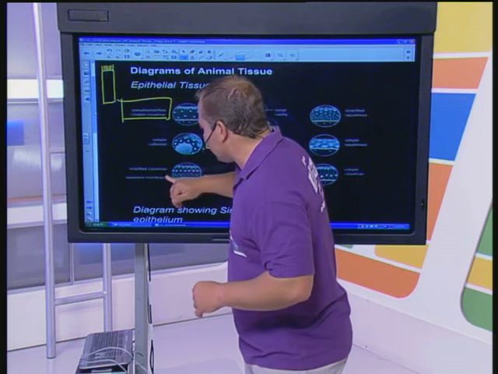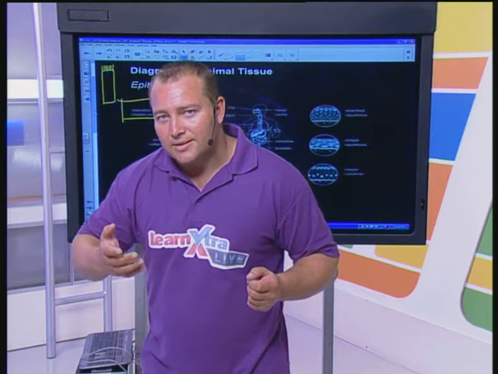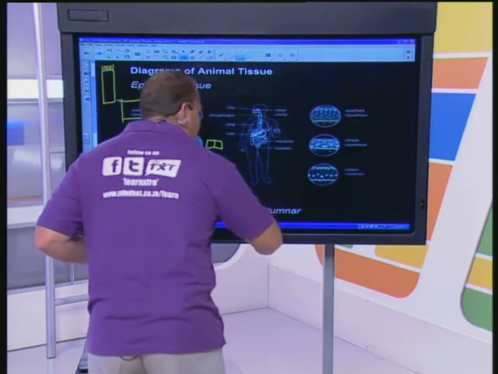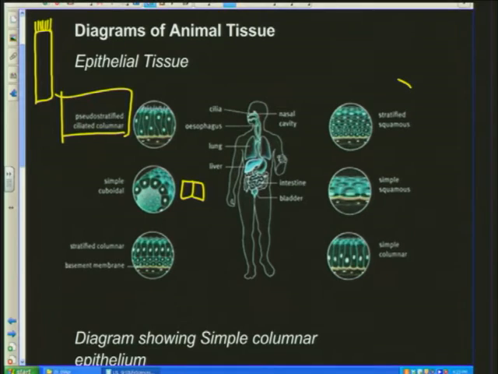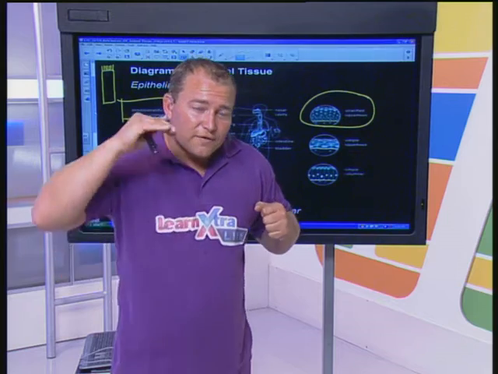What does stratosphere mean? It means strata, which means layers. So it is columnar epithelial, but in layers. That's what stratified columnar means. It's columnar in layers. Then, if you have a look here, it's stratified squamous. Squamous tissue is flat tissue. You've squished it, and it's one underneath the other, with different layers.